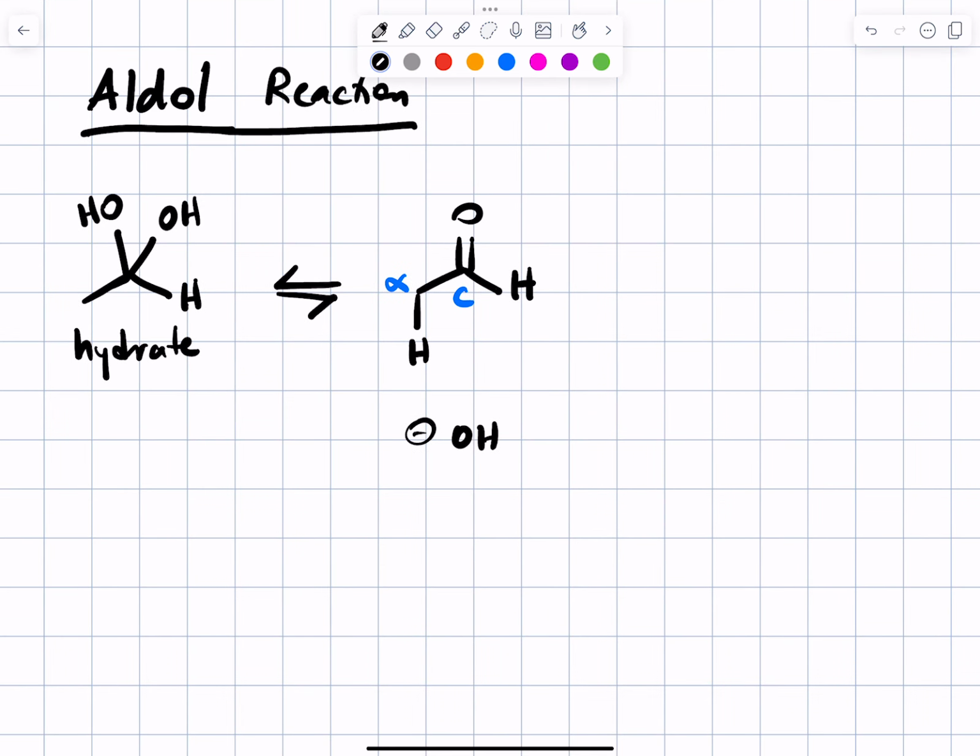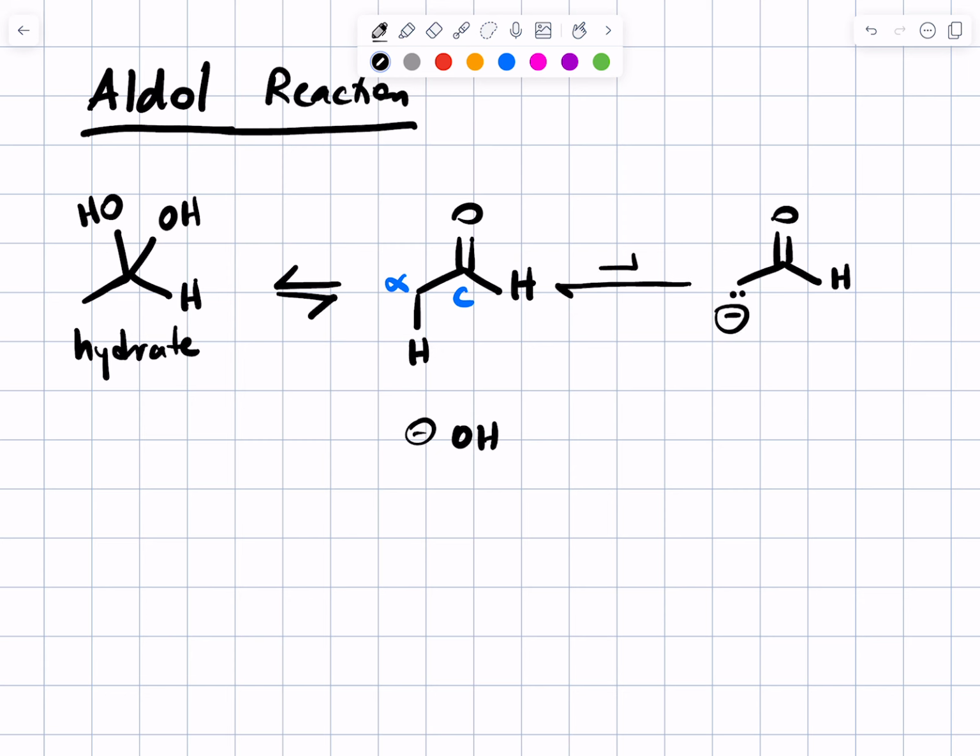Then we discussed how there's some equilibrium between this aldehyde and its enolate. The pKa of the aldehyde proton is 17, 18, 19 or something like that. So we expect to form a very small amount of enolate.